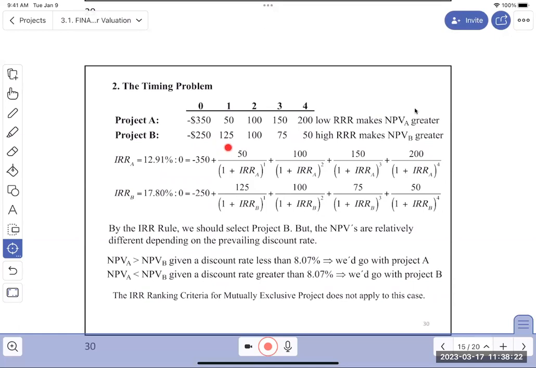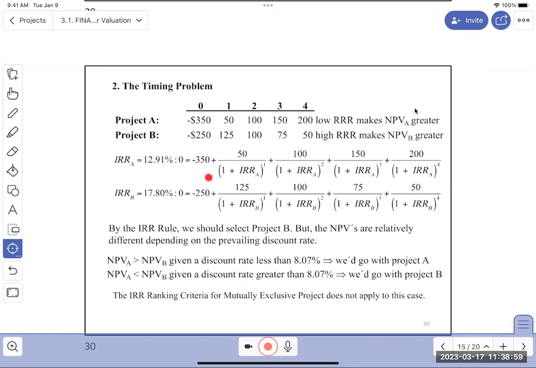So this is going to cause that crisscrossing of the different profiles. The first one likes low discount rates, so the 200 stays really high in present value terms. The second project prefers higher discount rates than project A, or rather doesn't care about high discount rates because the biggest cash flow is right away. So this is why you have that crisscross of the cash flow. You can check and see here, A is 12.91 and B is 17.8.